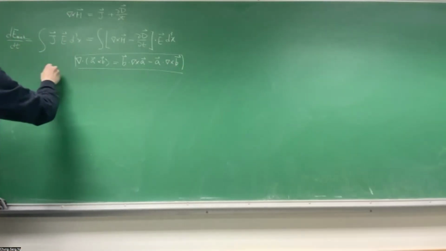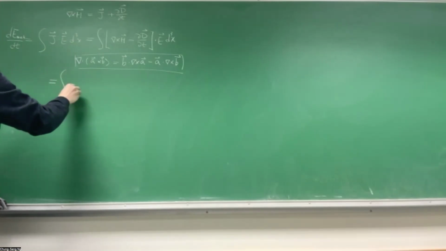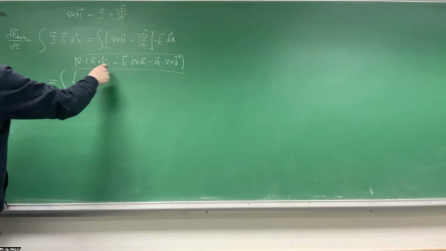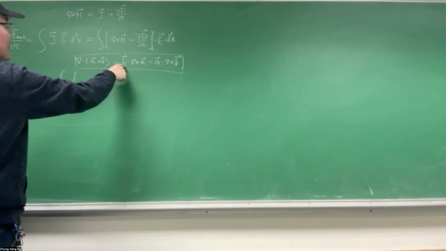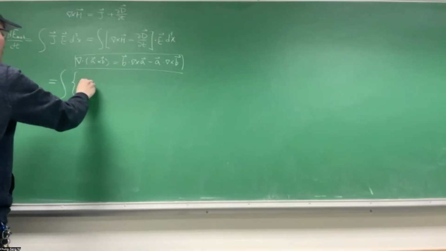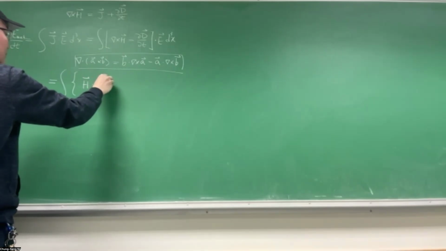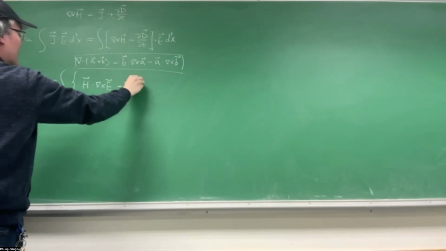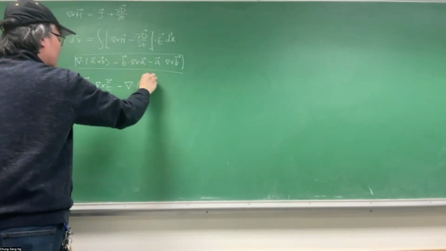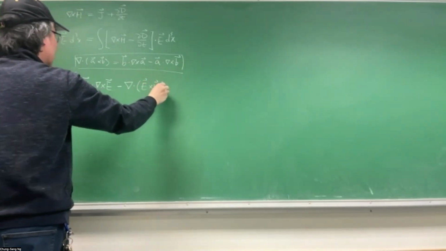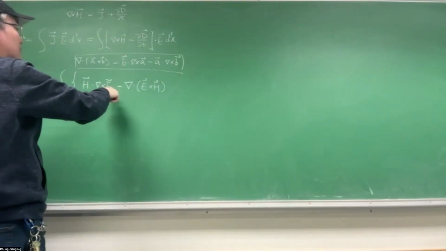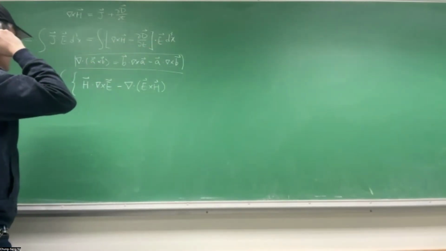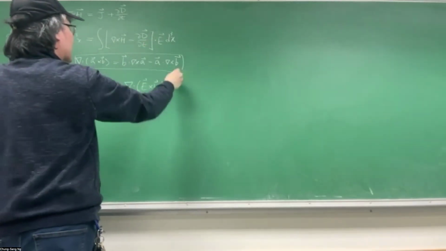So A is E, so follow this one. So the first term will be, B will be H, so H dot curl of E, which is this term, and then minus this one, minus divergence of E cross H. Okay, so this one dot into E changed to this one, and then minus this one.